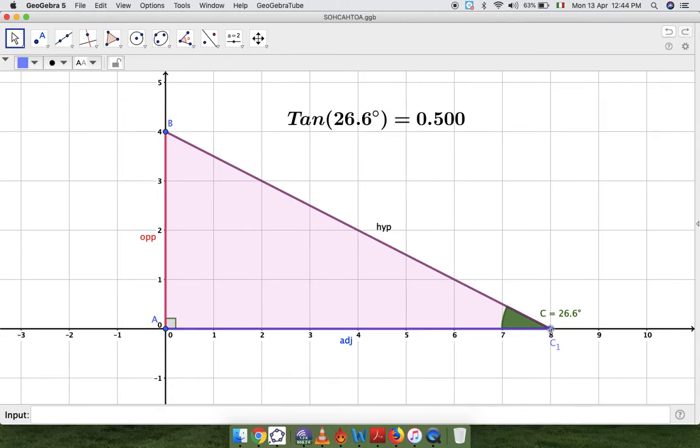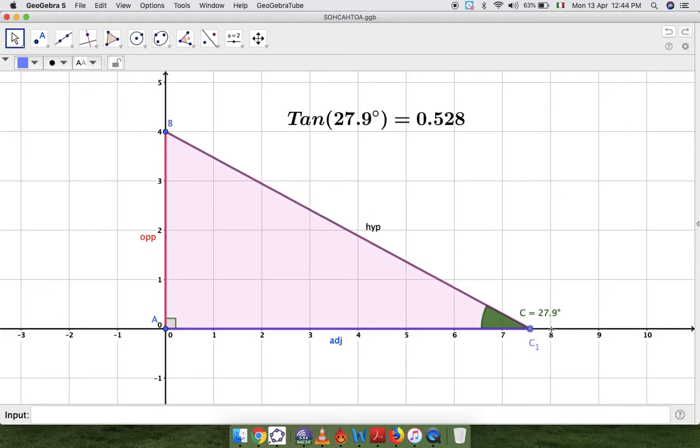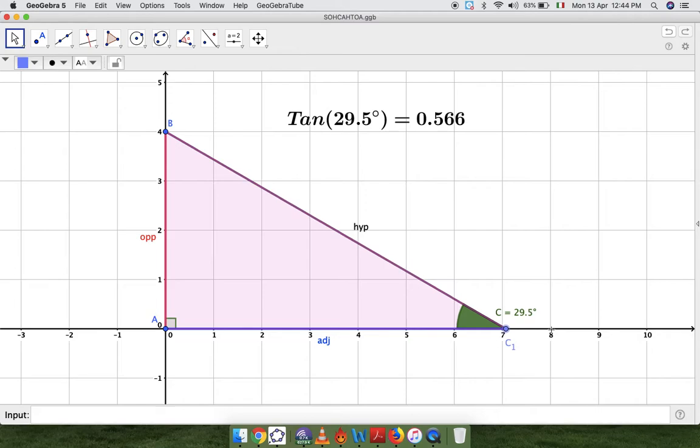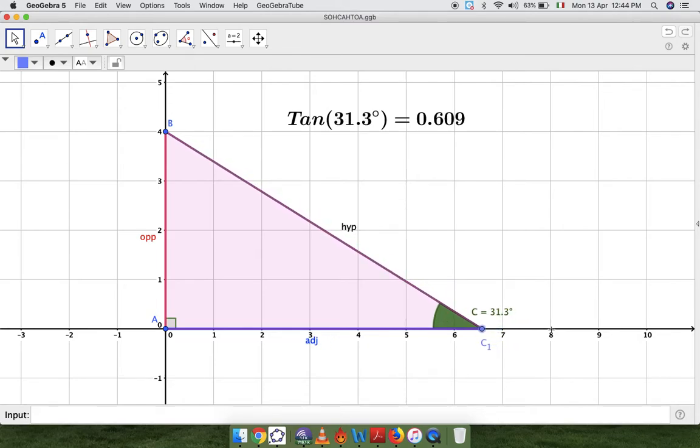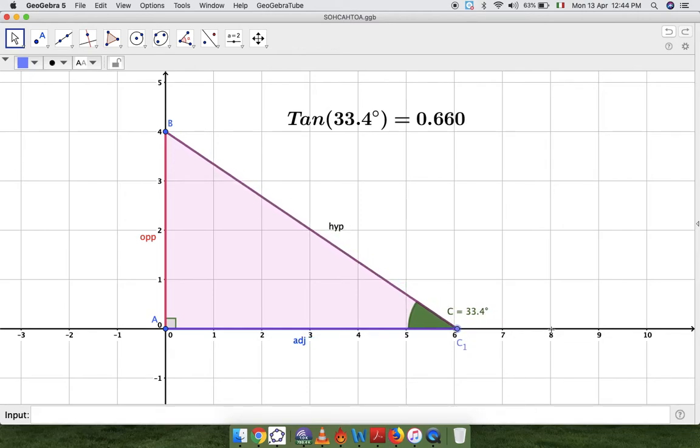So as I get closer, as that angle gets bigger and bigger and bigger, you're noticing that the opposite side is staying at 4. The numerator is staying at 4 in the fraction, and the adjacent side is getting smaller. So if you think about it, in the fraction you have 4, the opposite side here, divided by smaller and smaller numbers, right?